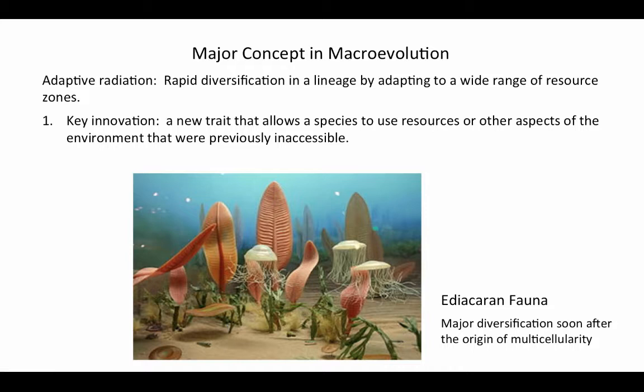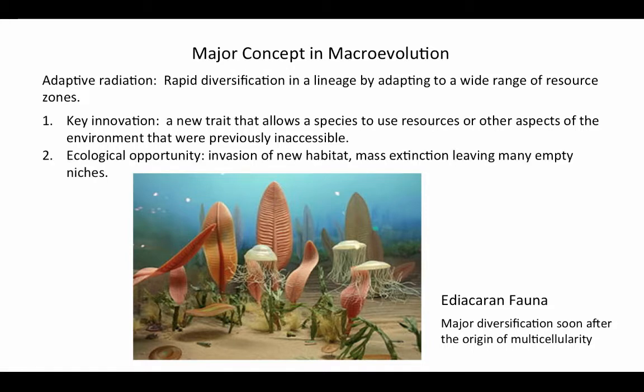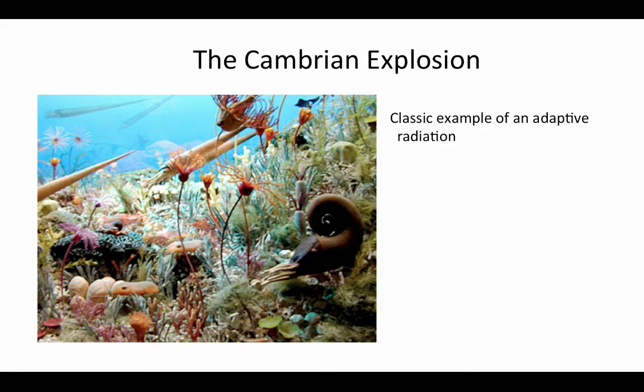The other way one of these adaptive radiations can occur is ecological opportunity. So invasion of a new habitat where there are lots of different ecological resources available. It can also be associated with a mass extinction event, leaving many empty niches that can be invaded by a small group of species. So the Cambrian Explosion is a classic example of an adaptive radiation. This occurred after the extinction of the Ediacaran fauna.